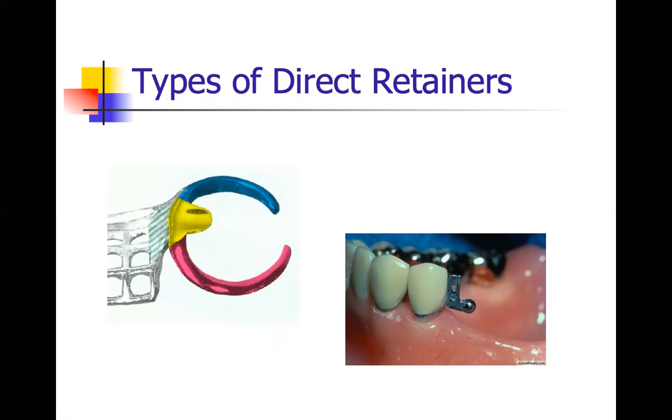The extracoronal retainer, known as a clasp, is the most commonly used retainer for removable partial dentures, while the intracoronal retainer may be cast or may be attached totally within the restored natural contours of an abutment tooth. The intracoronal retainer is usually regarded as an internal or precision attachment.